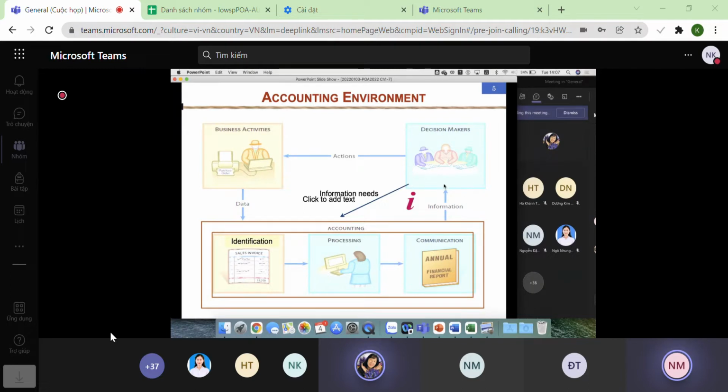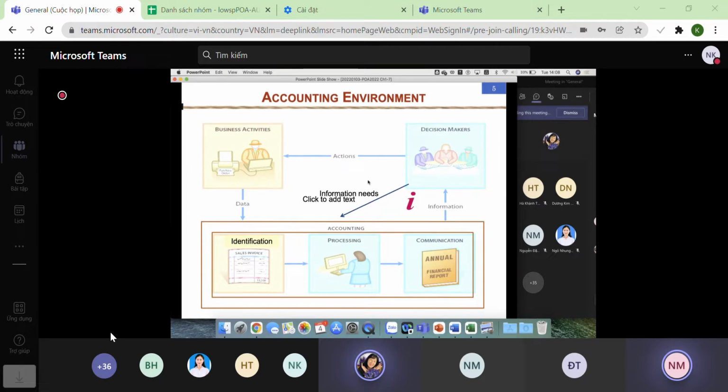And then after the decision maker receives the information, they will take action, or make decision, or run the business, or do something with this business. And that is also the events or business activities. In turn the business activity becomes the data for the accounting system.